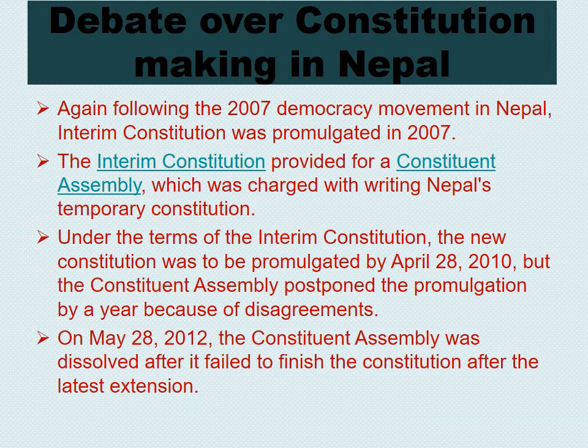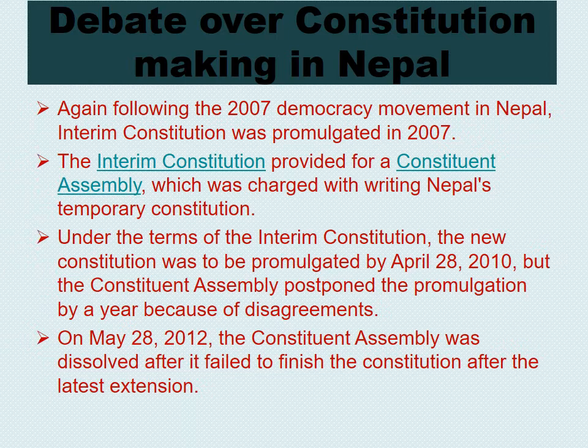Following the 2006 democracy movement in Nepal, an interim constitution was promulgated in 2007. The interim constitution provided for the Constituent Assembly, which was charged with writing Nepal's new constitution.